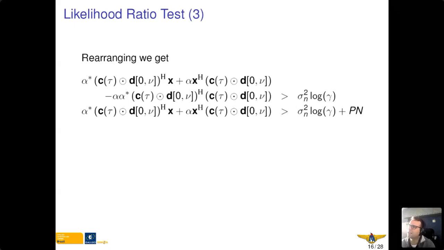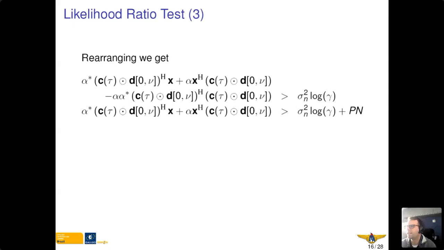For any value of tau and nu, this term is n: the multiplication of c(tau) Hadamard d0(nu) Hermitian with the same vector is equal to n.